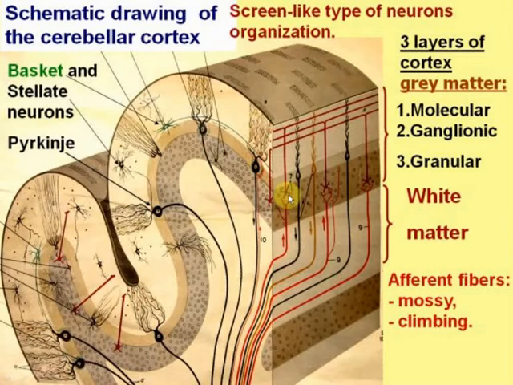And mossy fibers convey information initially to granular cells, and they convey this information through the axons to dendrites of Purkinje cells.